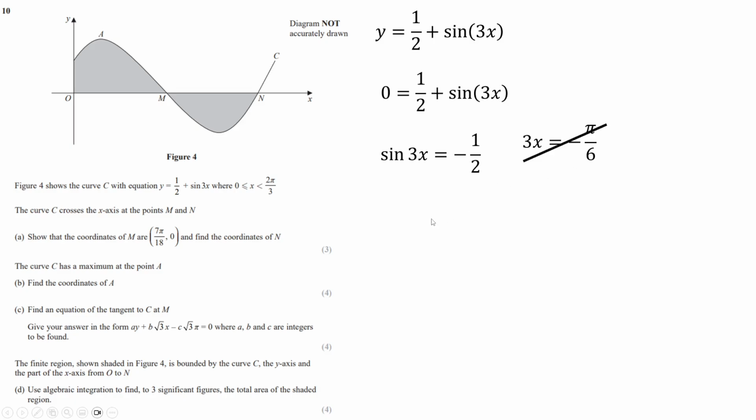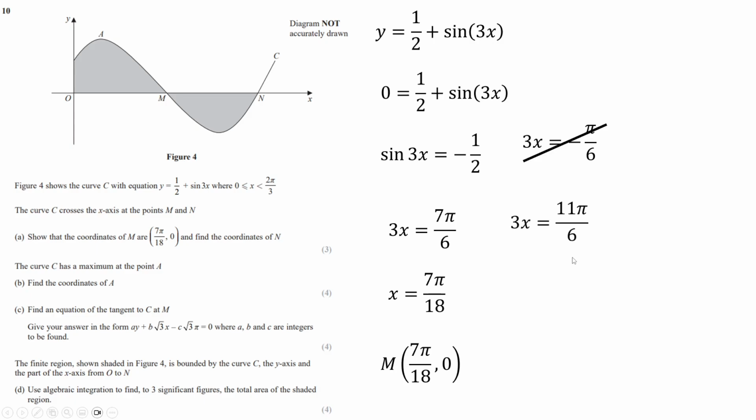We want 3x equals 7 pi over 6. Then divide by 3 on both sides to get 7 pi over 18 equals x. The y equals 0, obviously, so that part's done. And then you've got another solution here, 7 pi over 6, and then plus 2 pi. So you've got 11 pi over 6.